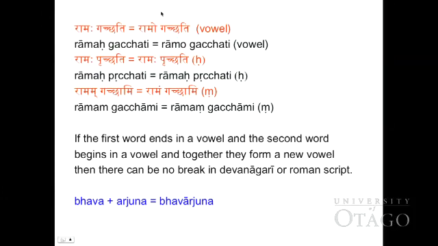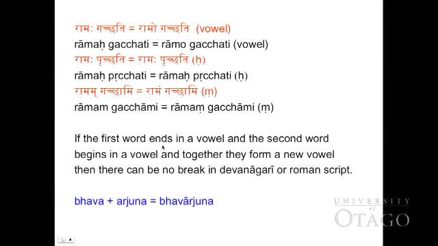We will separate the words in Devanagari, Ramo gacchati. Ramah prcchati. It will be Ramah prcchati. The same ha. And Ramam gacchami. Change ma to anusvara m dot, Ramam gacchami.